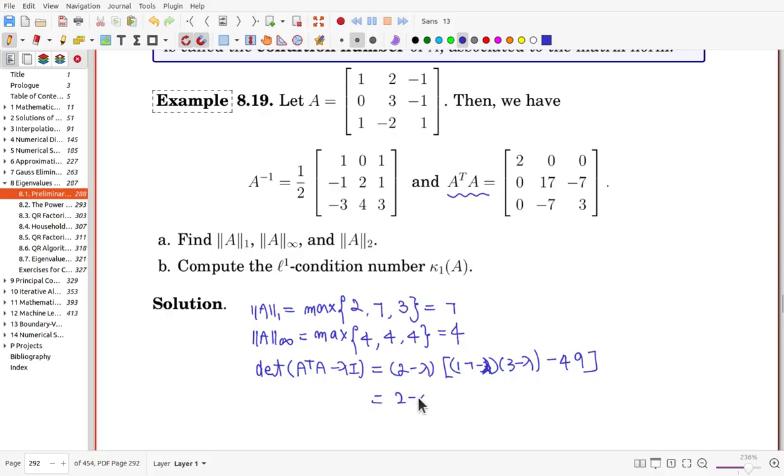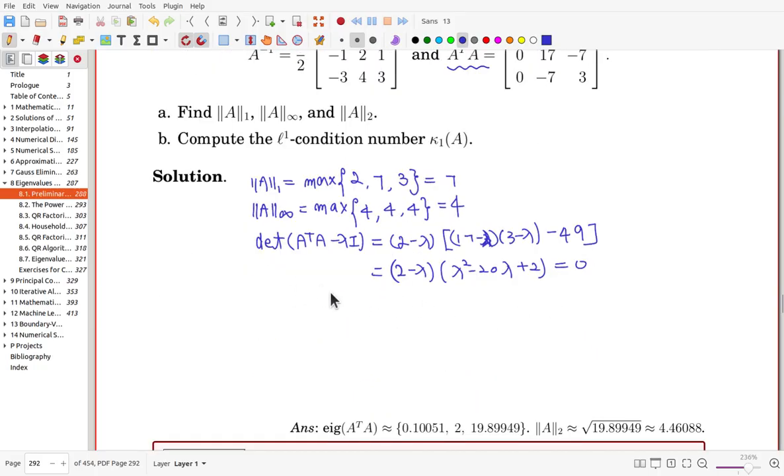And 2 minus lambda. And then that is lambda squared minus 20 lambda, and that is 51 minus 49, so that is plus 2. And we have to solve this one.